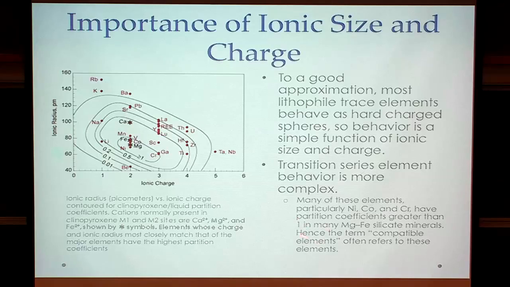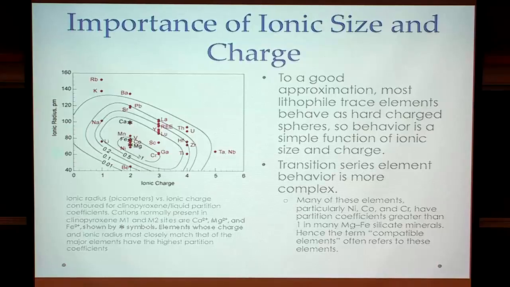For the transition elements, particularly the first transition series elements, the behavior is more complex. Many of these are compatible elements, but this is a plot of contours of partition coefficients, and the things that are most similar in ionic charge and ionic radius to iron, magnesium, and calcium are going to be among the main elements in mantle minerals.